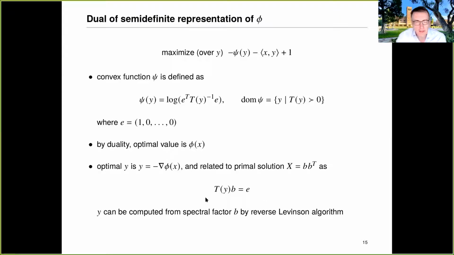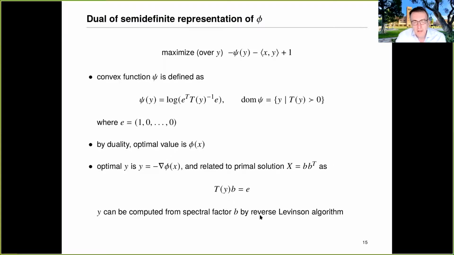They can be solved by fast methods by exploiting the Toeplitz structure in T. But you can also fix b and solve for y, and you also get a set of linear equations because this is a Toeplitz matrix. The standard method for solving the equations, if y is given and you solve for b, one of the early methods is the Levinson algorithm. It has an order n squared complexity. There's also a reverse version of that algorithm where you fix b and you solve for y.